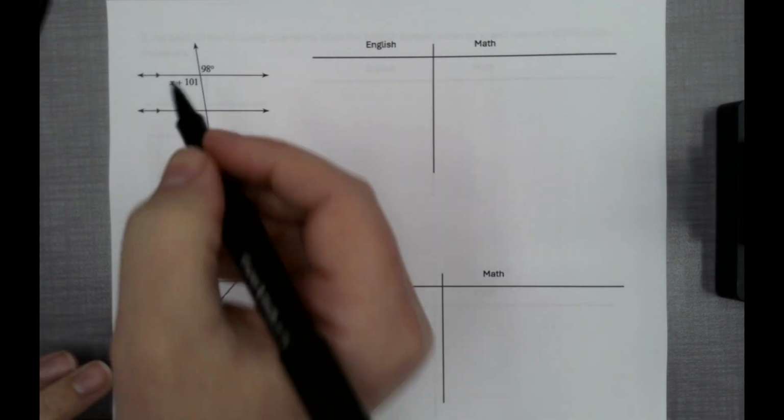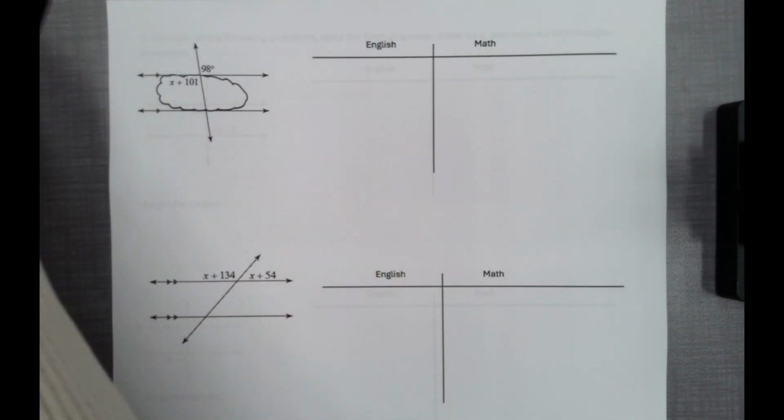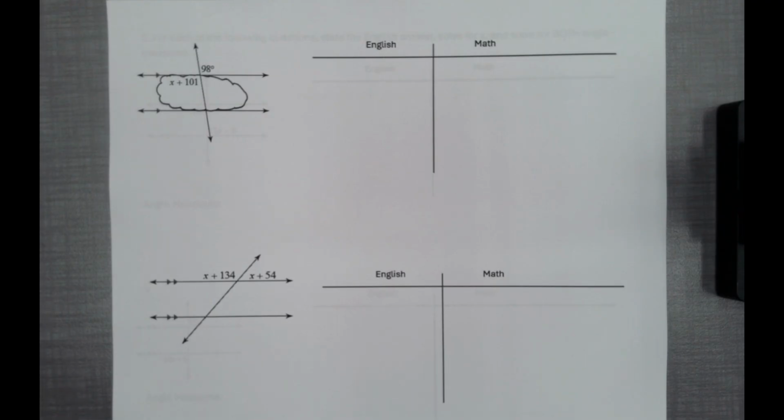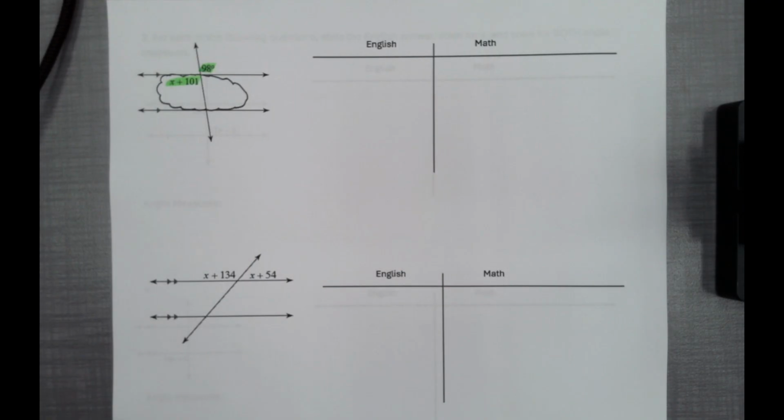Again, here's our inside thinking bubble. Notice how the two angles are not both on the inside. Also notice that the location is not the same. They're kind of like across from each other. When we have angles across from each other, these are called vertical angles.